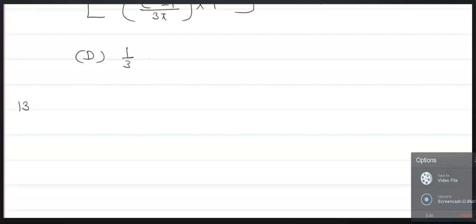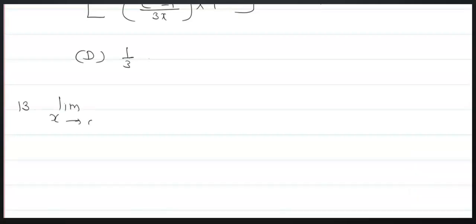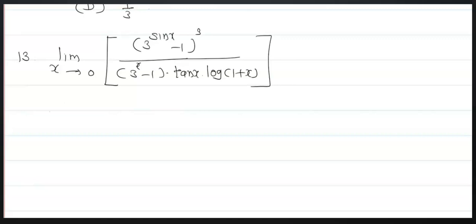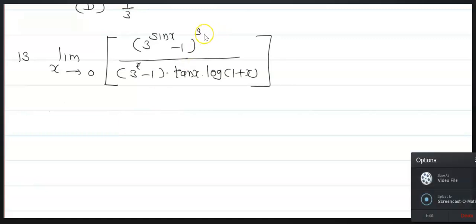Now the next is 13. Limit x tends to 0, (3 raised to sin x minus 1) bracket cube upon (3 raised to x minus 1) into tan of x into log of (1 plus x). Now in this case here is a cube here. We will record here x, x and x. Therefore overall divide numerator and denominator by x cube.